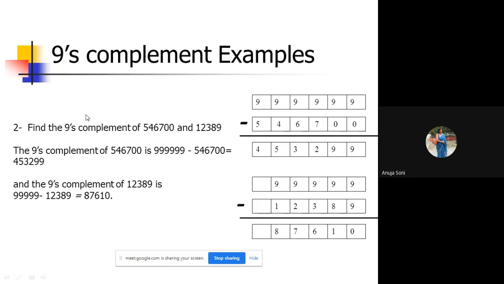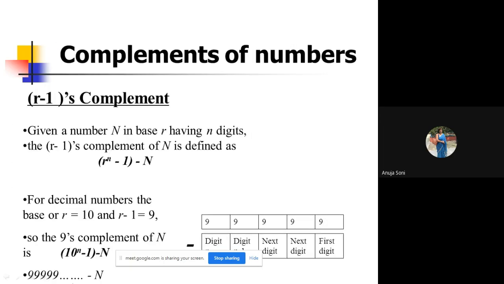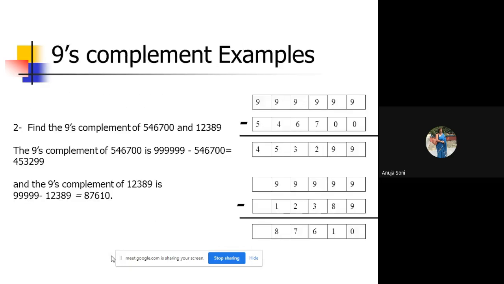Find the nines complement. This is the formula to find the 9's complement, the r minus 1's complement. Given a number 546700, you have to find its 9's complement.